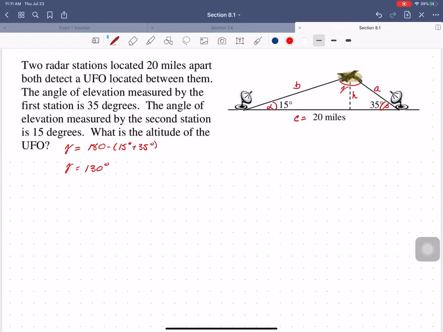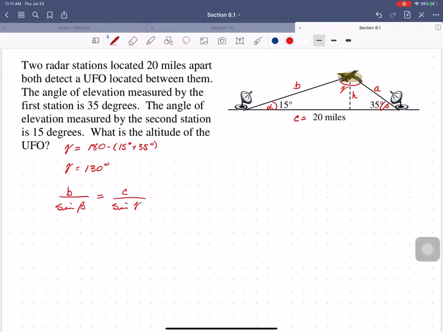Okay, I only really need one of those sides. Let's find side B. So side B divided by the sine of beta is equal to side C divided by the sine of gamma.